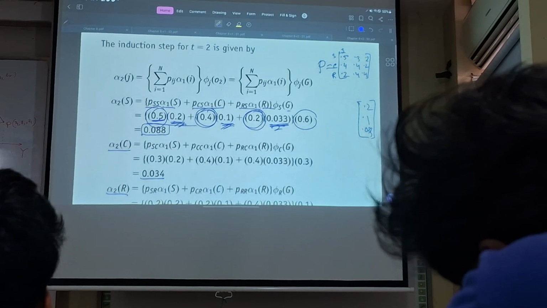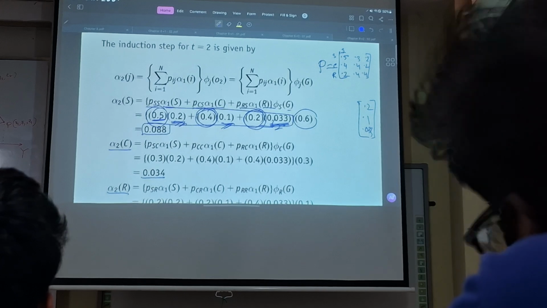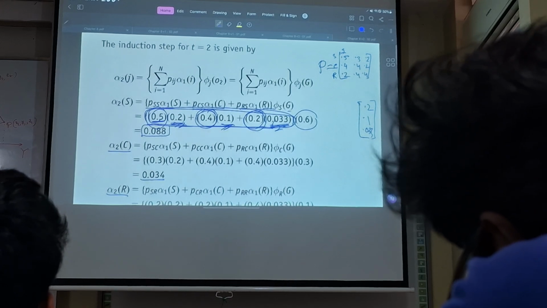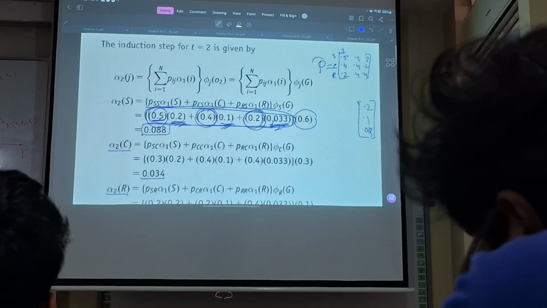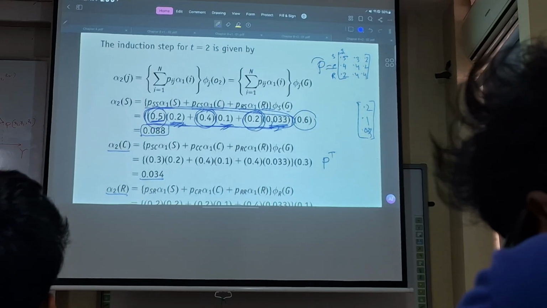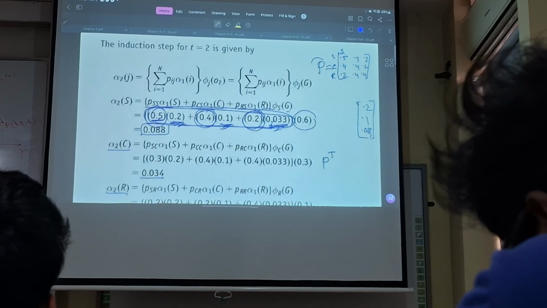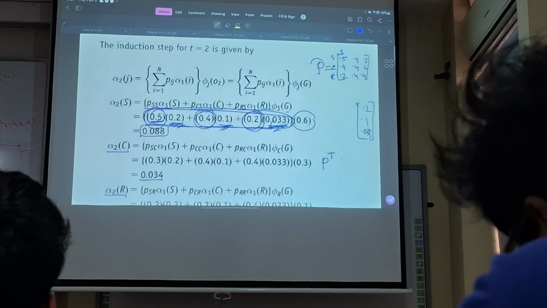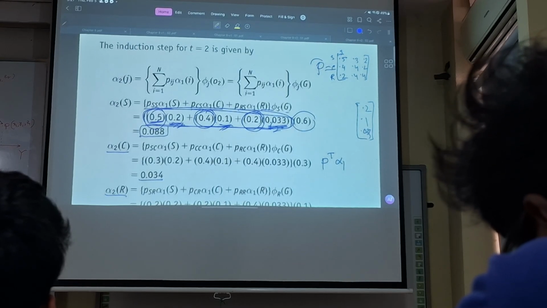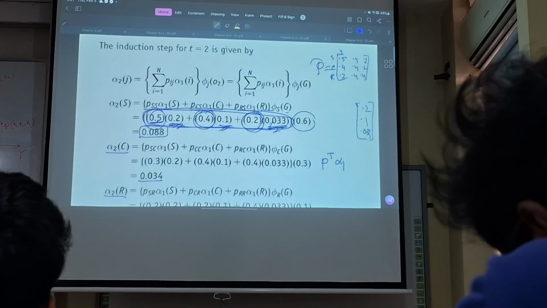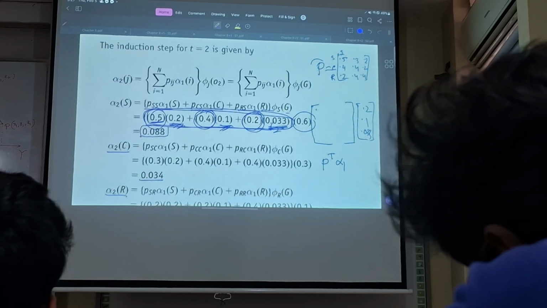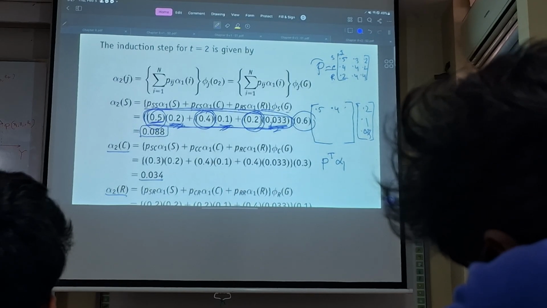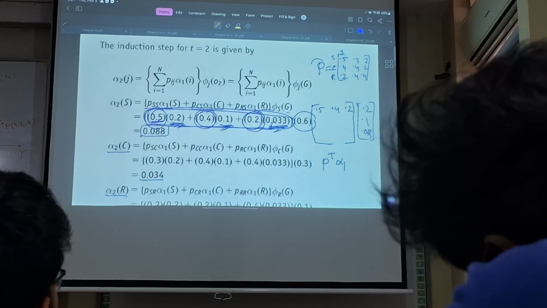If we want to get this summation, then how can we get this? If you take the transpose of this matrix and multiply this one with alpha 1, then the transpose directly comes here. What is that? 0.5, 0.4 and 0.2.